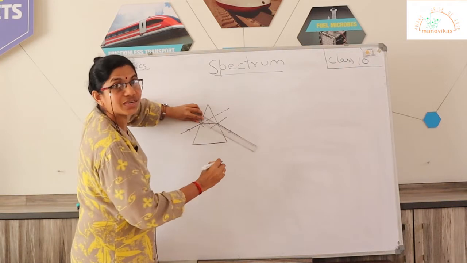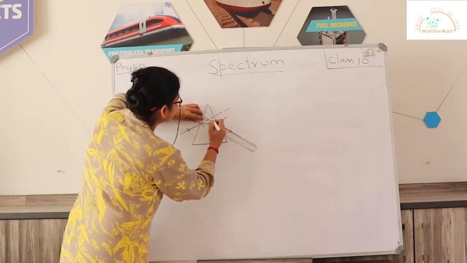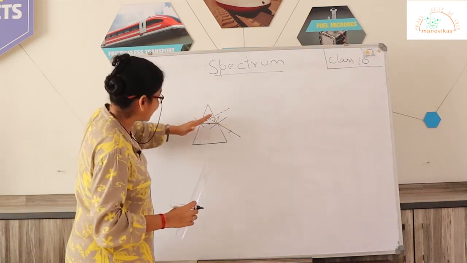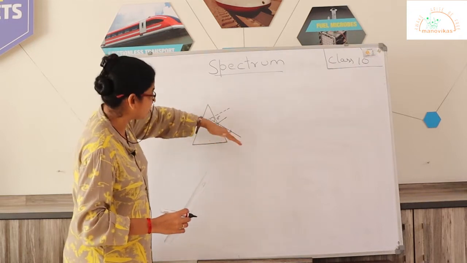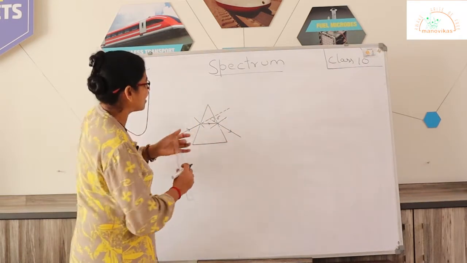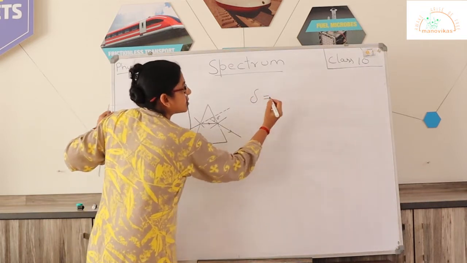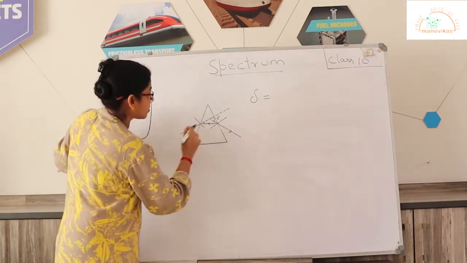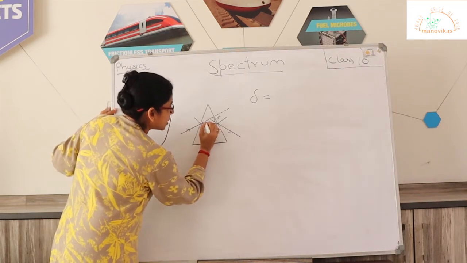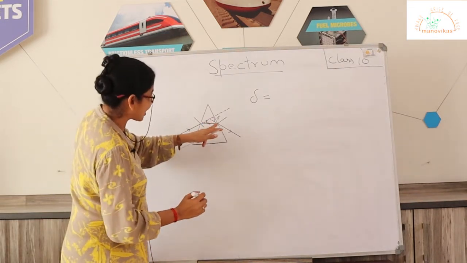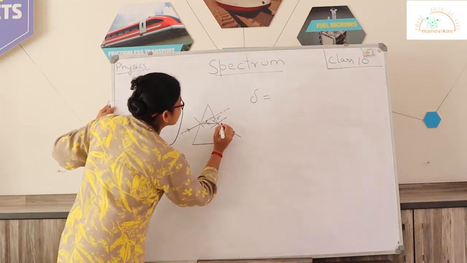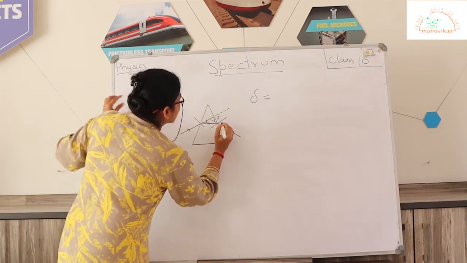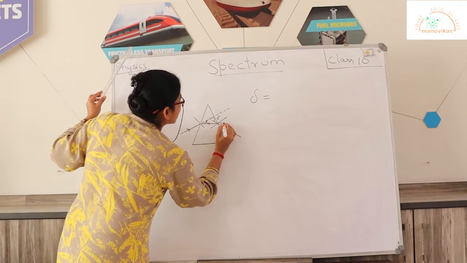Now the actual deviation delta which is produced is this angle formed between the incident ray, when it is produced forwards, and the emergent ray, when it is produced backwards. So this delta is the sum of the first deviation, which I write as delta 1, and the second deviation, delta 2.